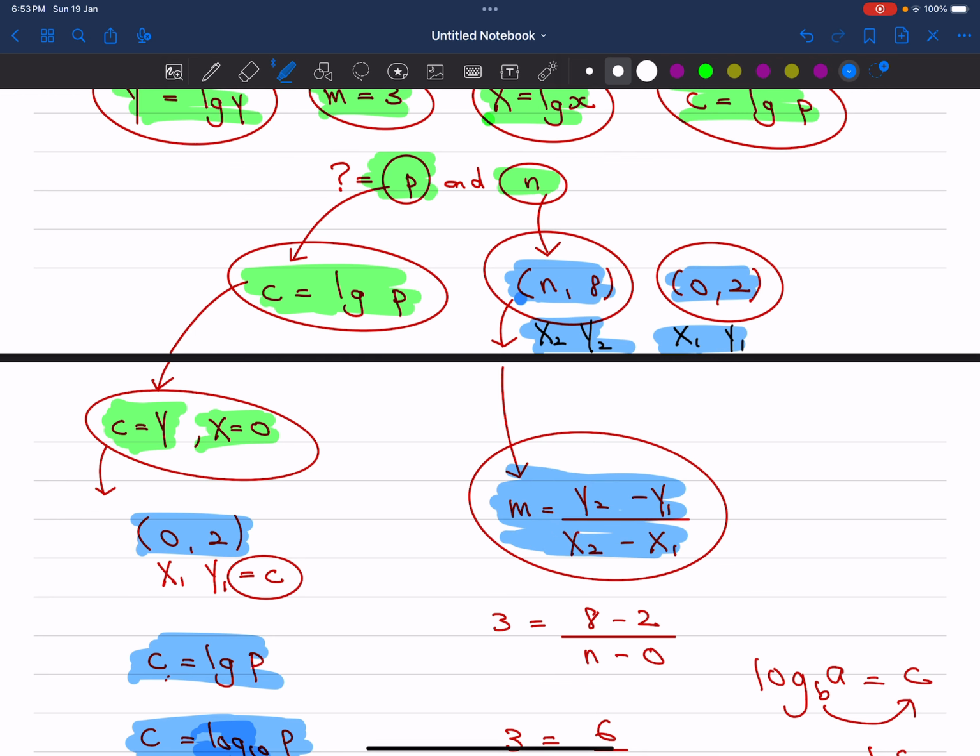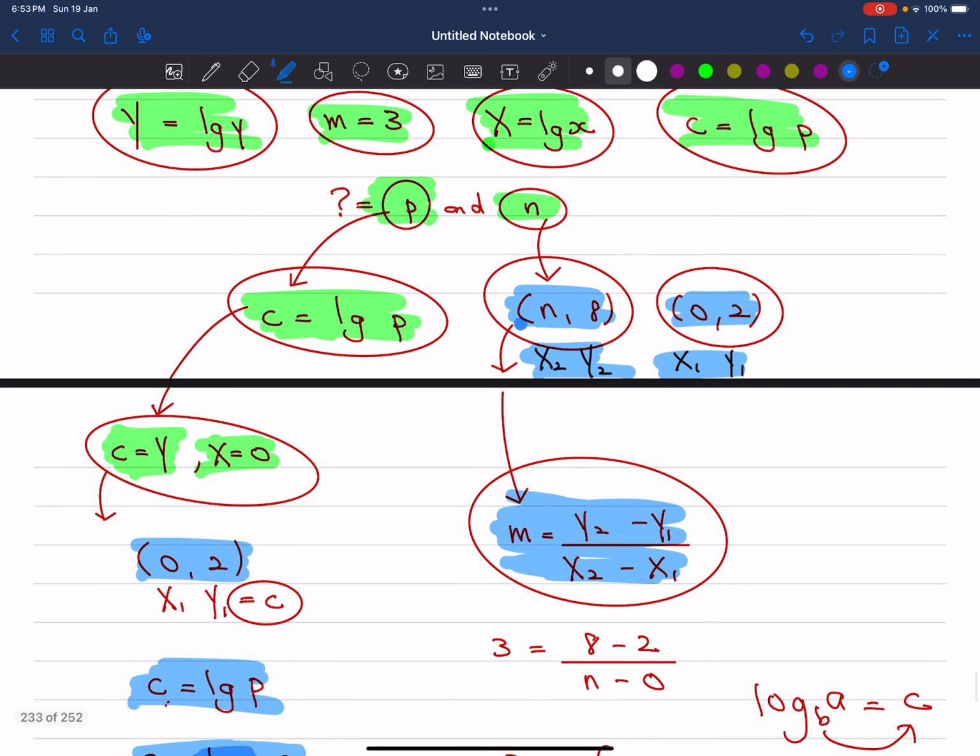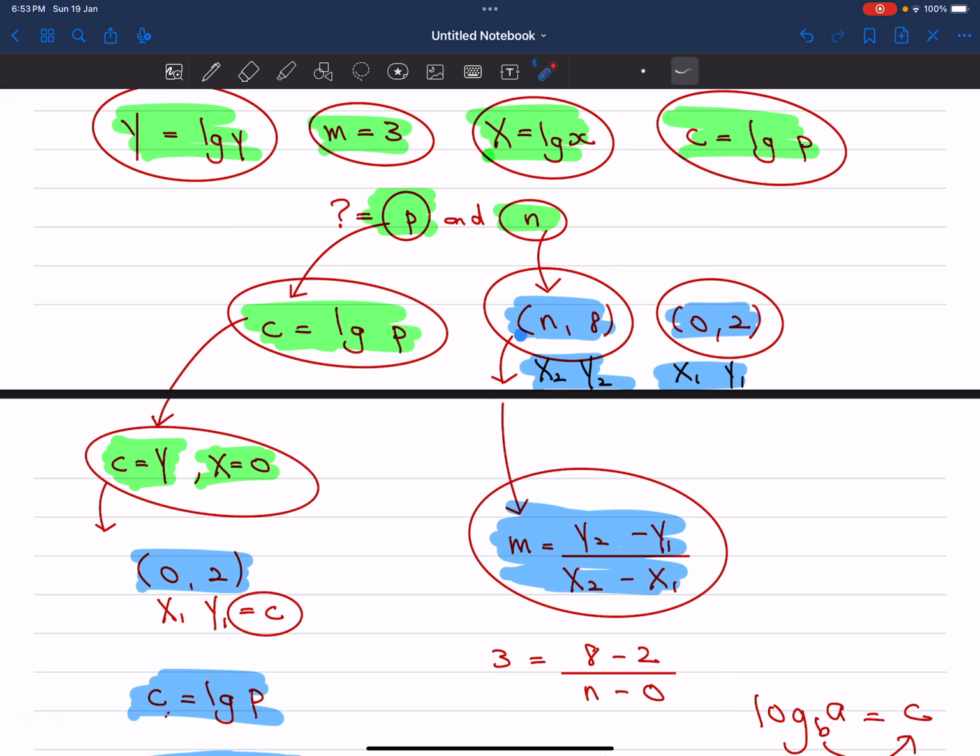Why gradient? Because we were given the gradient m is 3. And also because we have the 2 coordinates, one of which involves n, which they are asking.